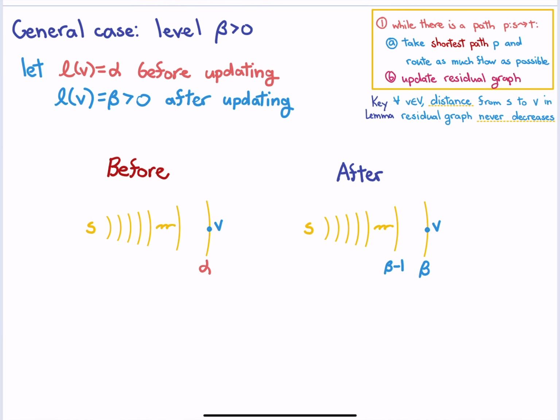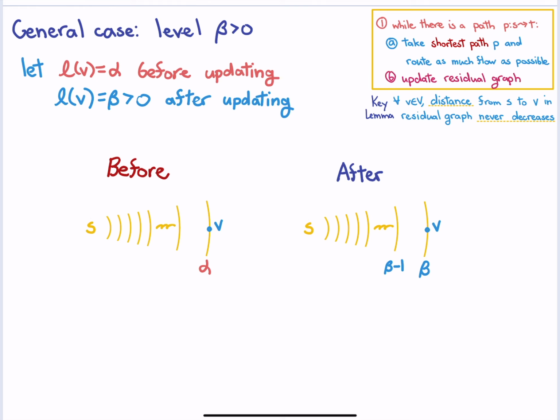All right, here's a more interesting case. Let's look at some level beta that's bigger than 0. Let V be a vertex where, after augmenting, it finds itself at layer beta.